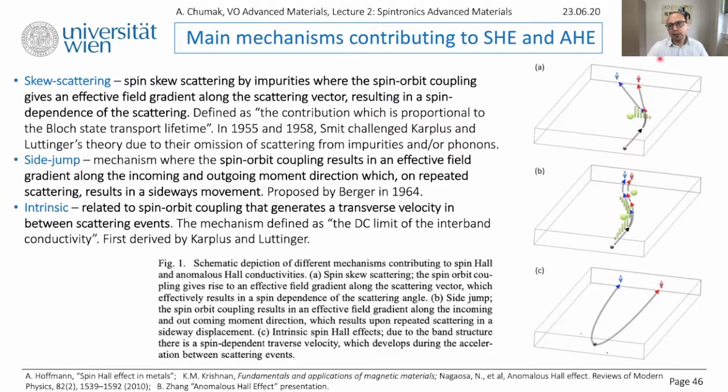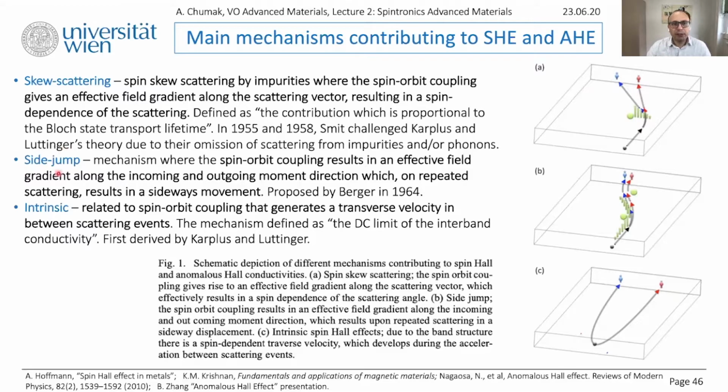As a result, when an electron goes through this gradient of the field, then depending on its spin up or spin down polarization, it will be scattered differently. So let's say a spin up electron will be scattered a bit more to the left, and a spin down electron will be scattered slightly less. And then of course, if scattering events take place many times, you will get a spin up accumulation on this side and spin down accumulation at the opposite side.